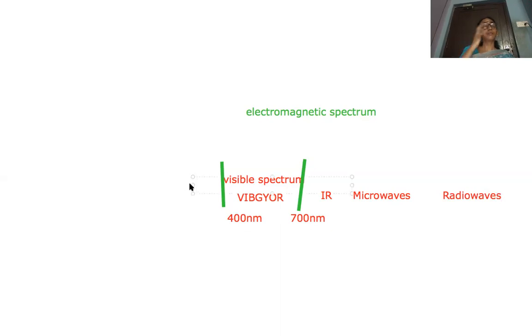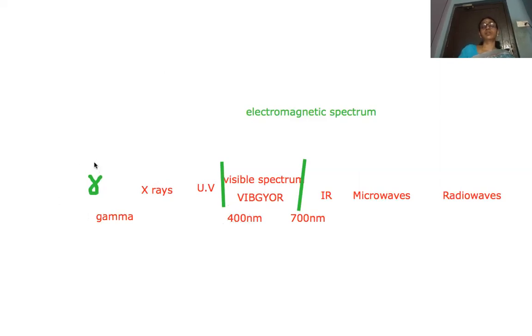Then on this side with the lower wavelength, below violet, we have ultraviolet rays, UV rays we call them. Then we have X-rays. Then we have gamma rays. Gamma is shown by the Greek symbol, and it's pronounced as gamma rays.